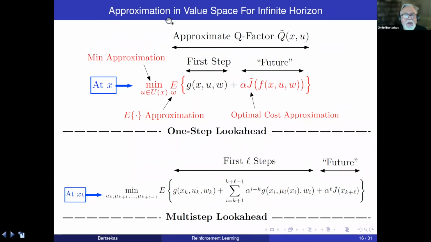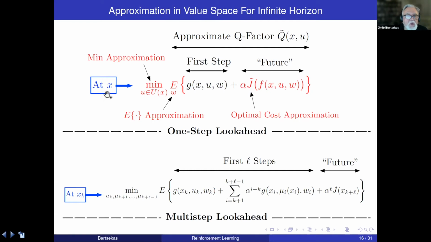Okay, so the preceding 2 slides showed approximation in value space for finite horizon. We also have approximation in value space for an infinite horizon. Here the cost function is stationary, the system equation is stationary, and we have cost approximation. Let's consider a discounted problem where the discount factor in the optimality equation comes in here.